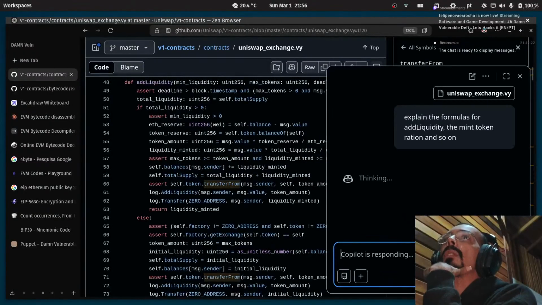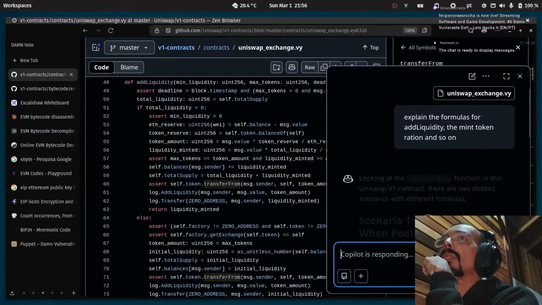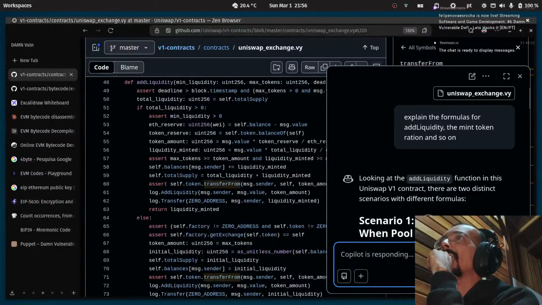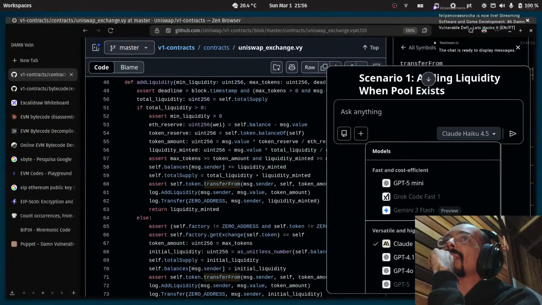So we can use, here they're using Claude. That's funny.